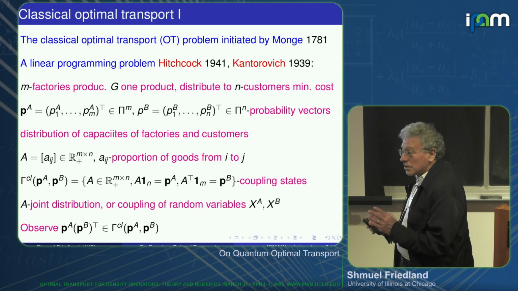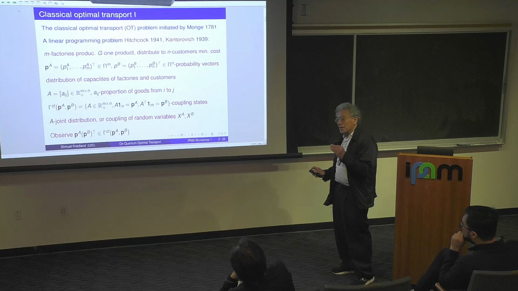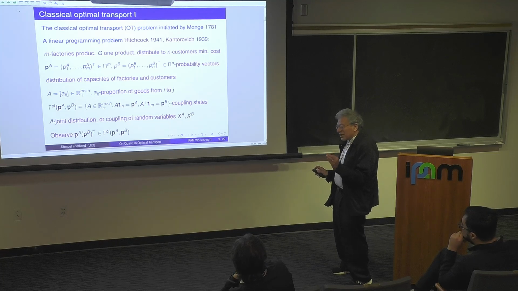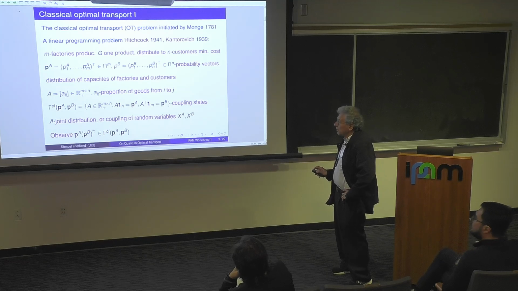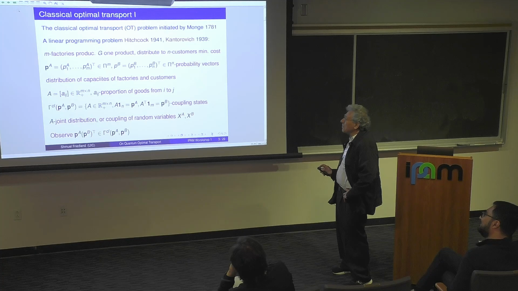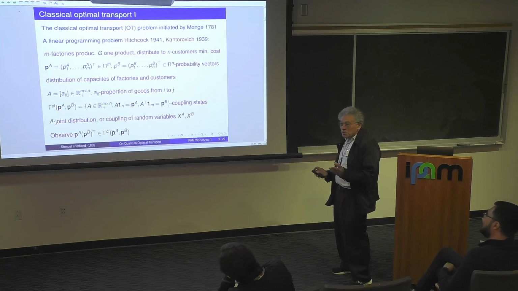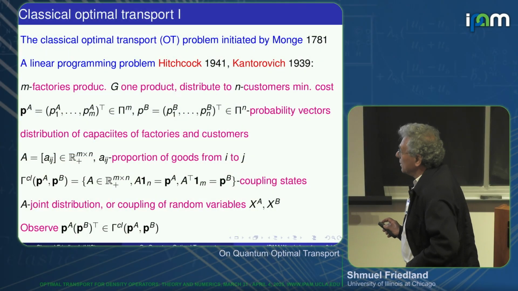So they stated this problem in a much more discrete version, in a much more specific way. Suppose you have M factories producing just one product, think about Soviet Union, and you distribute to N customers. And you want to do it in the best way, with minimal cost.